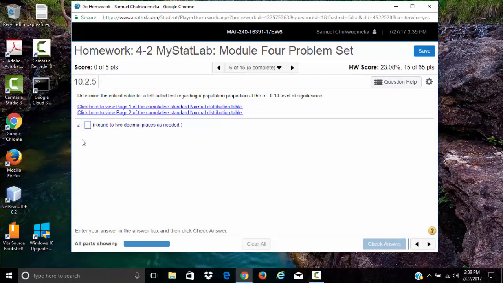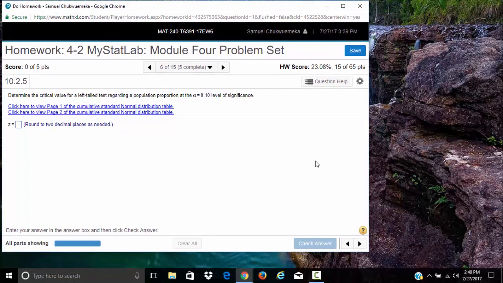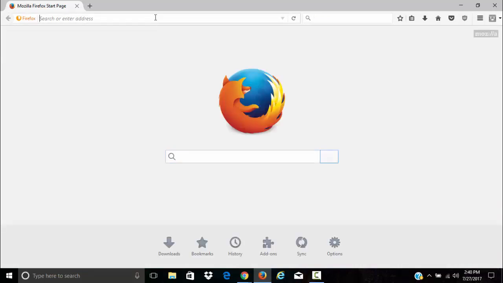All right. Here, critical values. We're now in calculations. So let me open up another web browser, Firefox. I'm going to use my calculator to do this question.